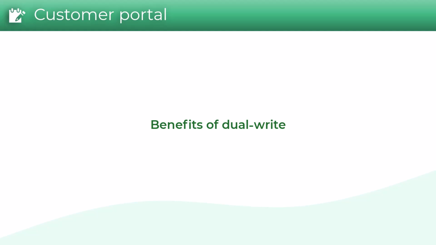Second is a unified customer experience: the customer sees up-to-date information anytime on any platform. Third, consistency across the apps. Sales, service, and the supply chain team work on the same data. That is why consistency is very important for all platforms.